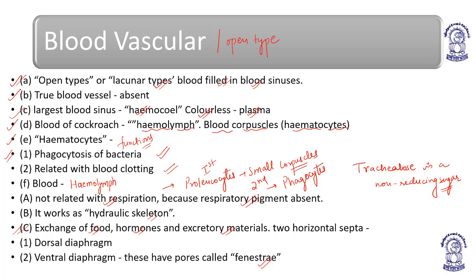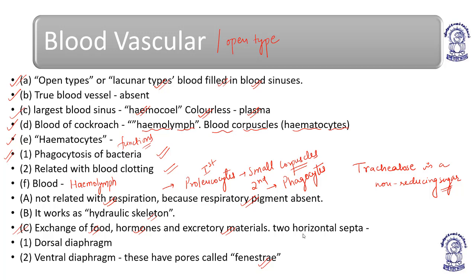So this is the glimpse of the blood vascular system, which is of open type or lacunar type. True blood vessels are absent. It has the largest blood sinus, hemocoel, with colorless plasma. Blood of cockroach is known as hemolymph, and it contains blood corpuscles of two types: proleukocytes and phagocytes. They have two functions: phagocytosis of bacteria and blood clotting.